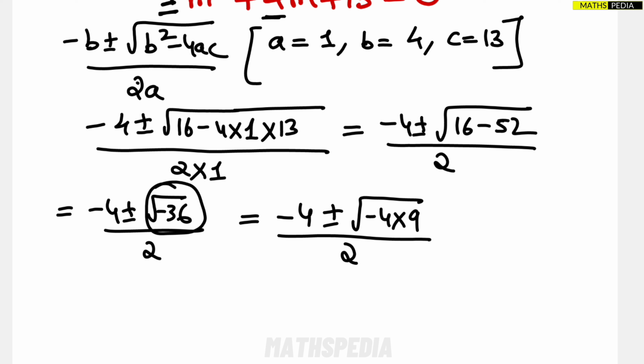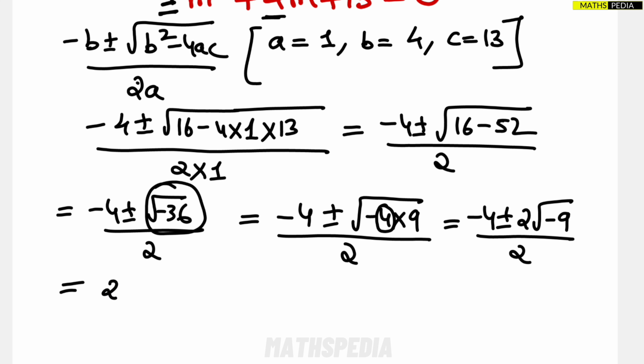So it will be minus 4 plus or minus, 4 you can take outside, it becomes 2, since the square root of 4 is 2. So 2 root minus 9, divided by 2. Now from this whole thing, I can take 2 outside. So minus 2 plus or minus square root of minus 9, divided by 2.